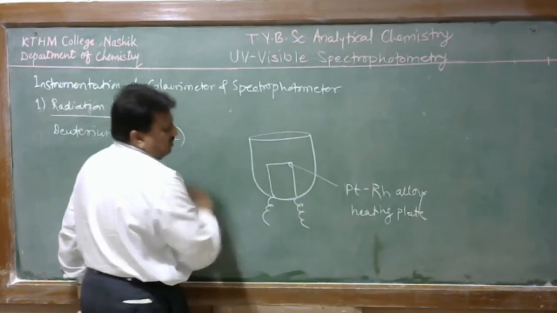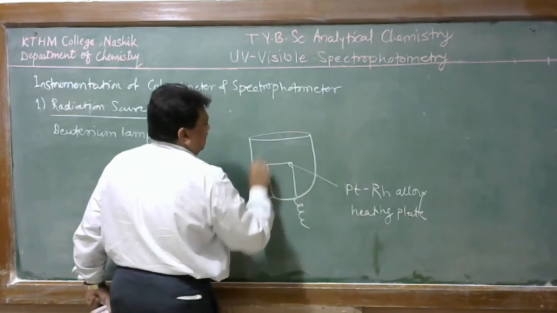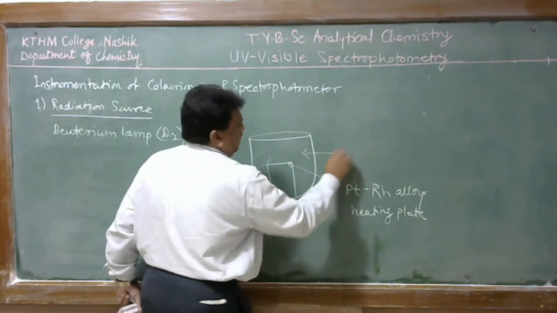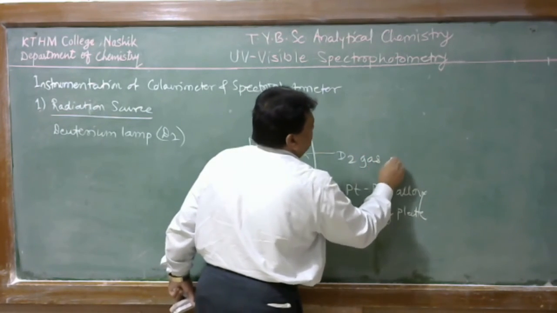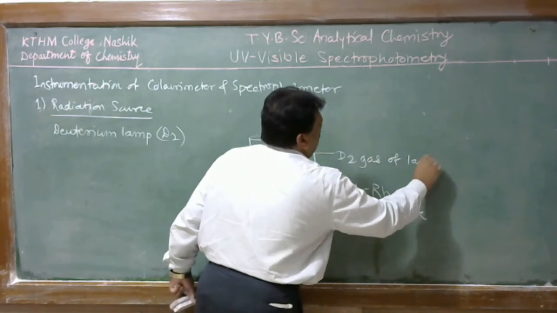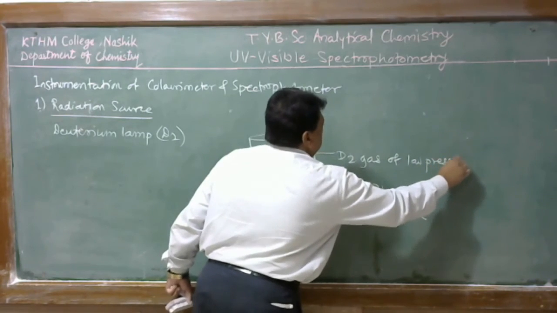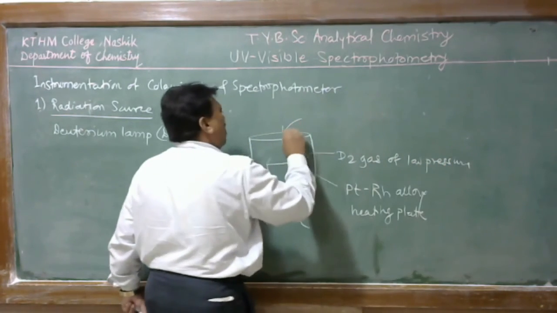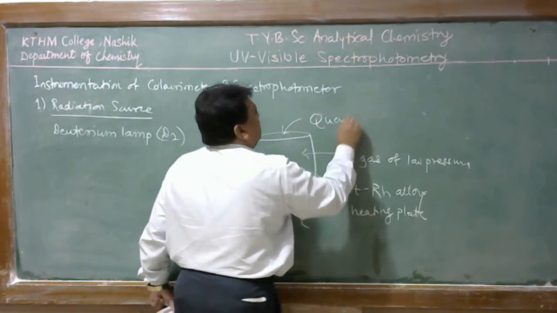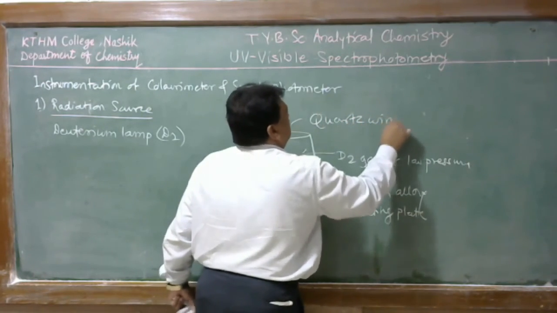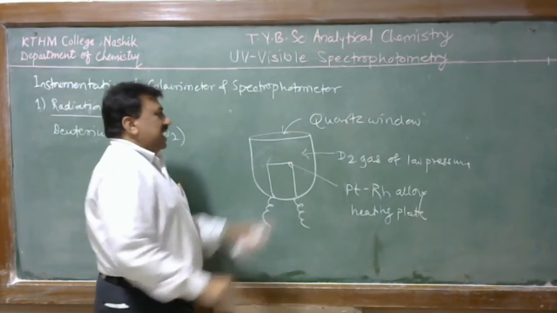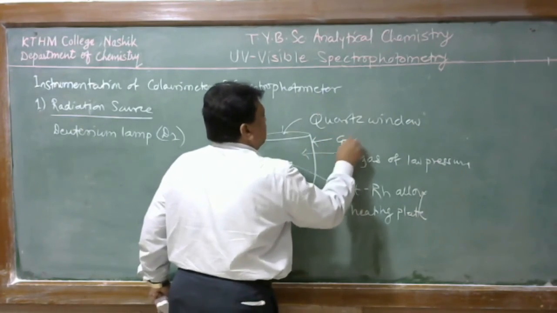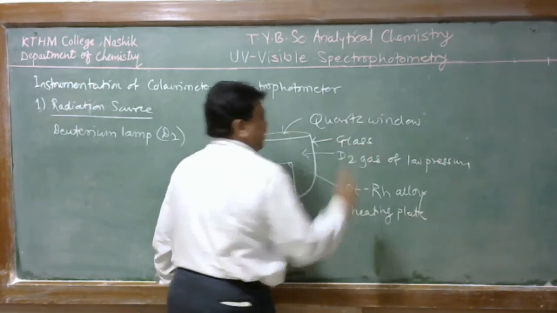Here the electric power supply is connected. Inside this chamber there is D2 gas at low pressure, and this is again a quartz window. Quartz is required to pass the ultraviolet radiation because glass cannot transmit UV radiation.